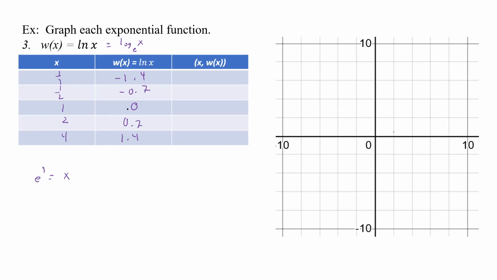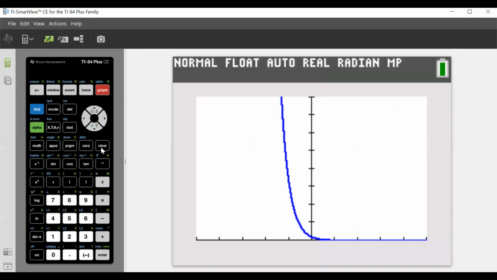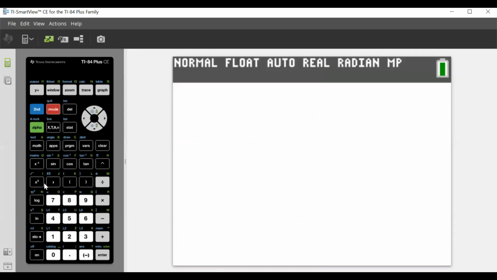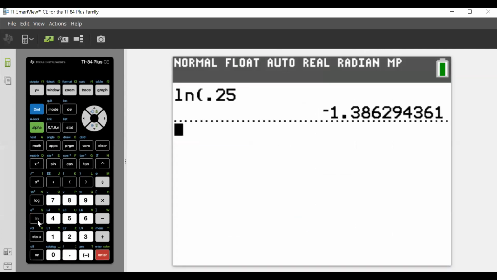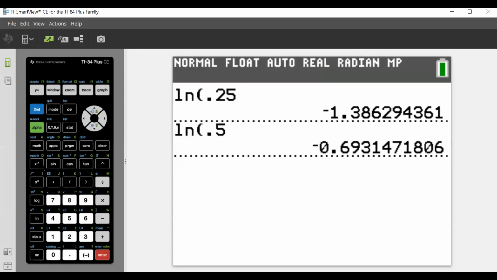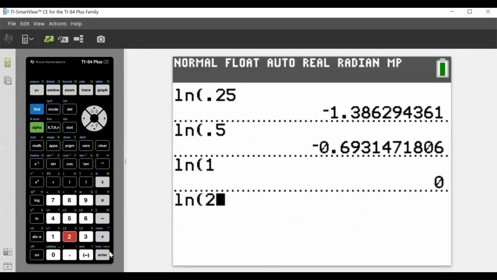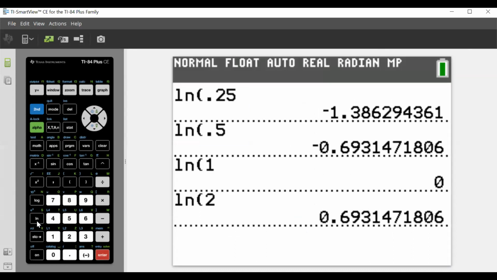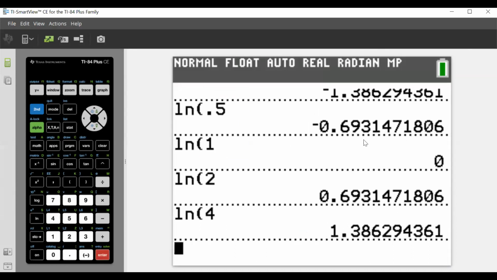Okay, so again, we just plugged it into our calculator. If we wanted to show that, we're just going to take ln of the 1/4, and that was our negative 1.4. We had the ln of 0.5, that was our negative 0.7, and then we took the ln of 1, and we got 0, and then the ln of 2, which is the opposite of that, and ln of 4, which is the opposite as far as signs go.